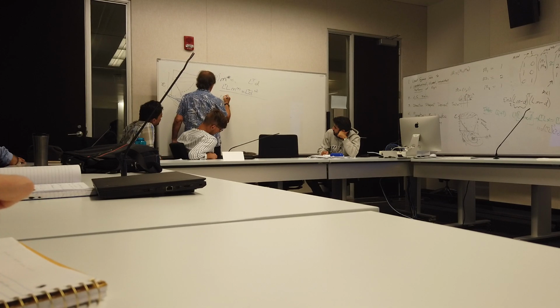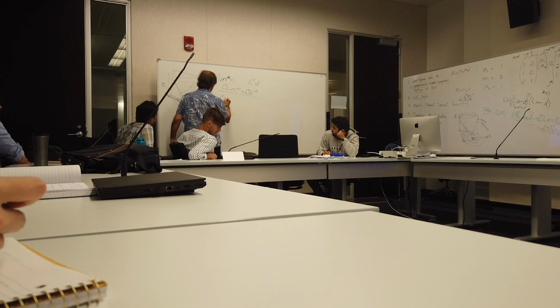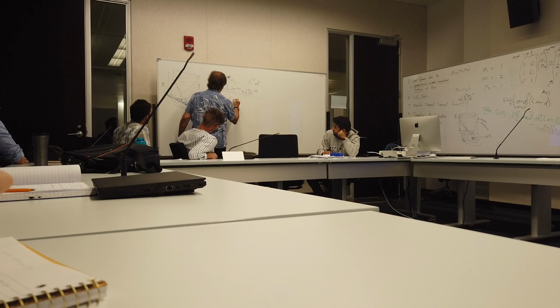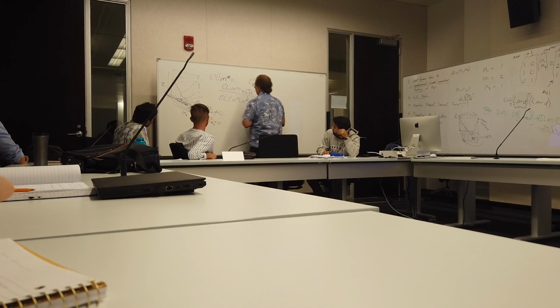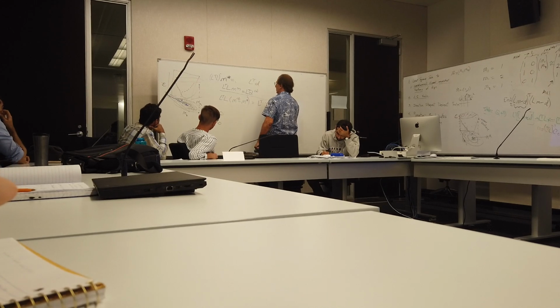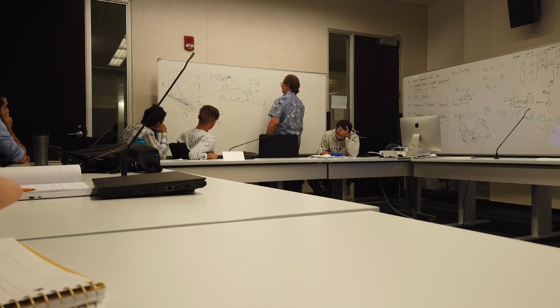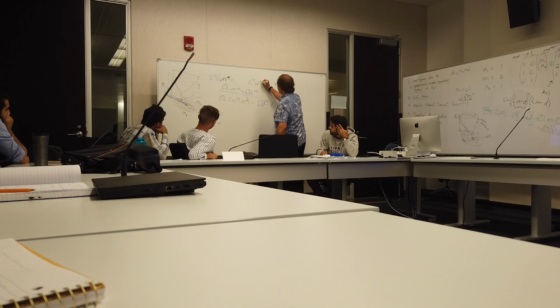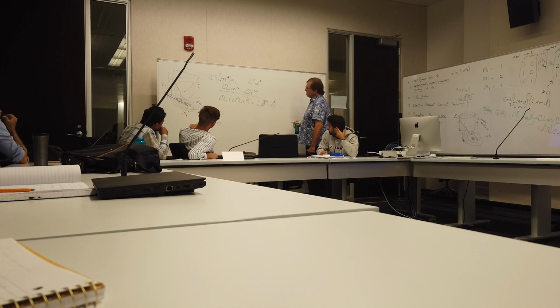And we get L transpose L times (M0 minus M star) equal to L transpose times (D0 minus D star). Okay.